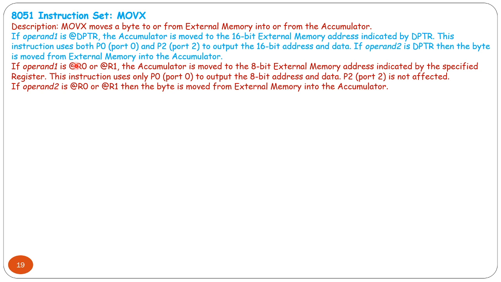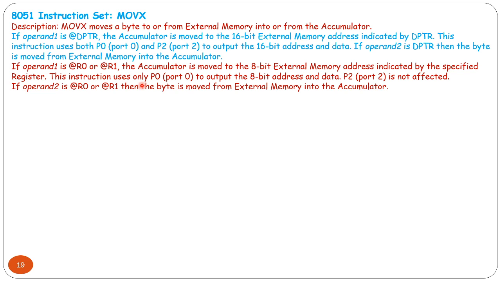This instruction has indirect addressing also. If the operand 1 is @R0 or @R1, it indirectly points the memory by using R0 and R1 register. The content of the accumulator is moved to the 8-bit external memory address indicated by the specified register R0 and R1.